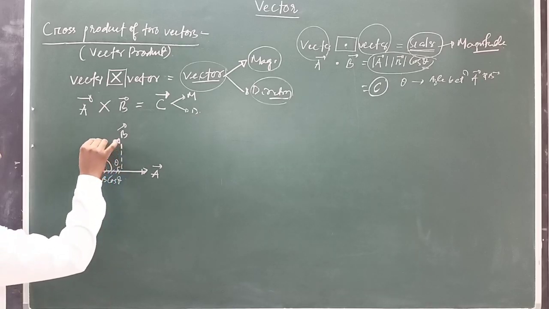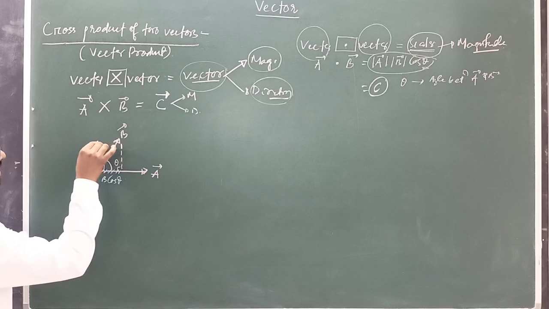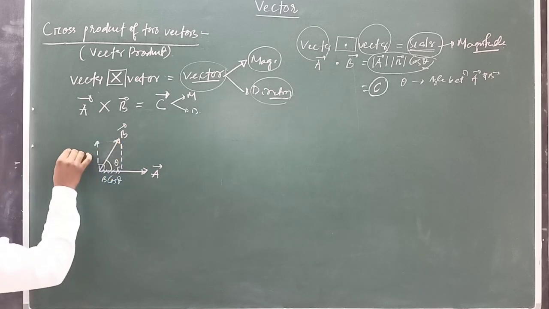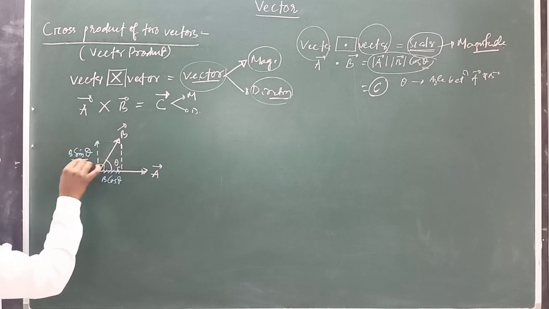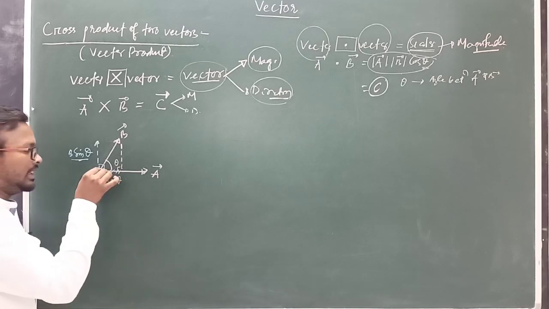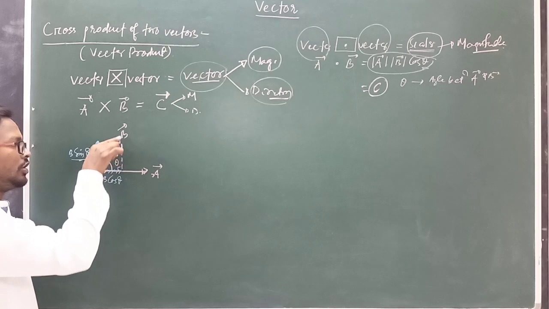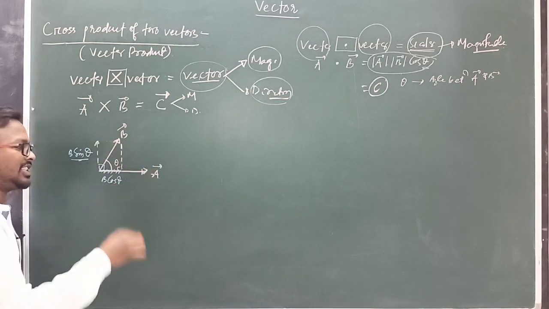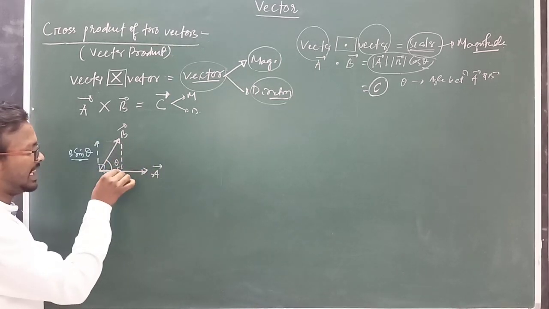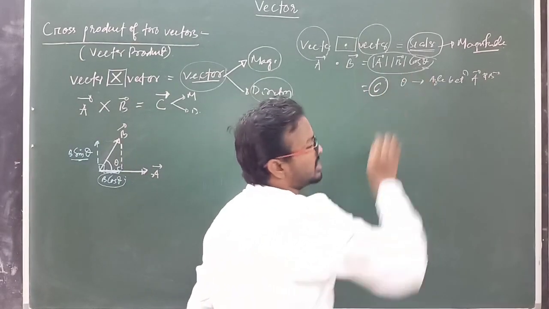And this component is the perpendicular component of vector b, which you can write as b sin theta. But in the case of the dot product we only consider the magnitude of a and the component of b along the direction of a, meaning these two vectors are along the same line, so we get ab cos theta.